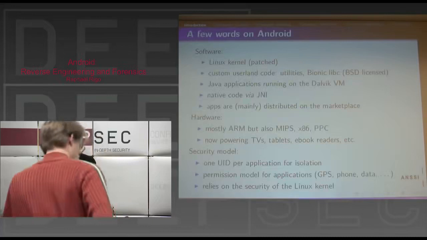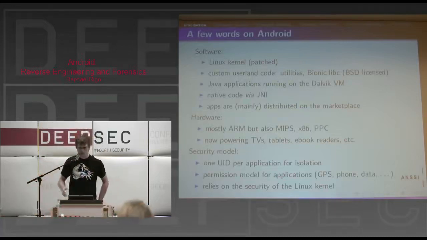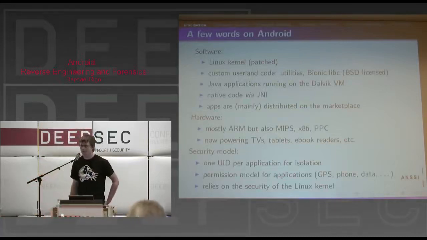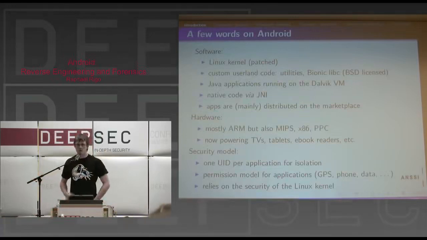I'm not going to give you the talk about cell phones being everywhere. I'll just say a few words on what Android is because it's pretty specific. It's not something that was there before. It's an operating system based on the Linux kernel, with a few patches mainly for device support.